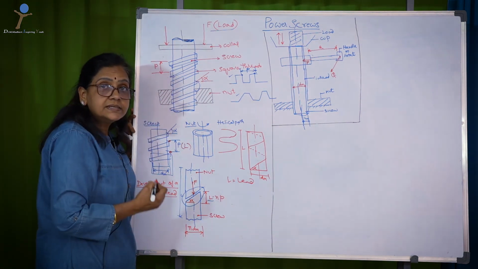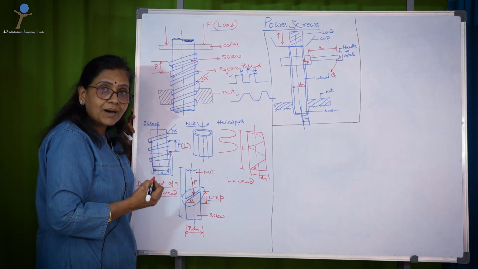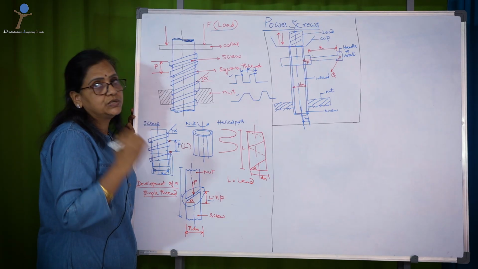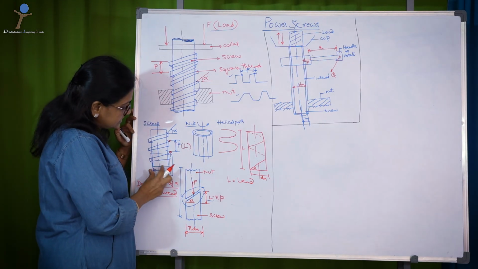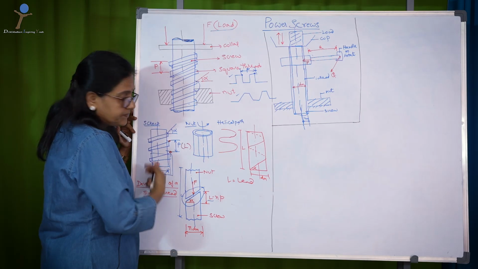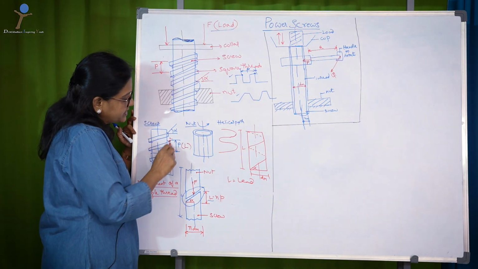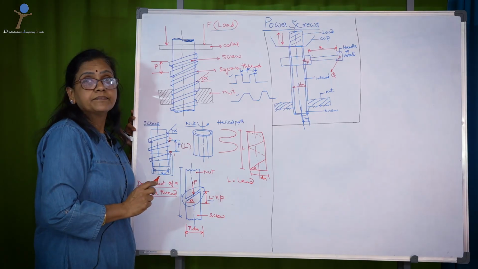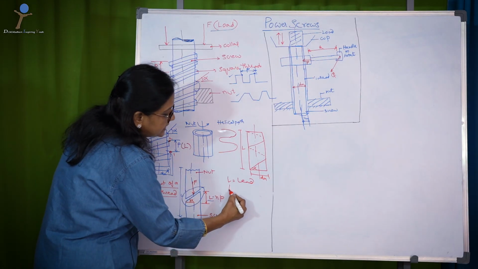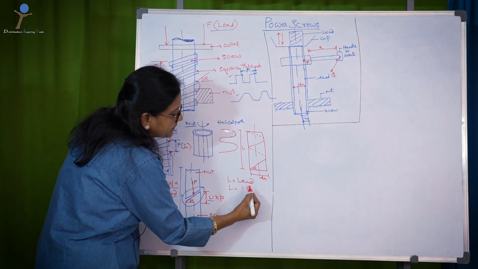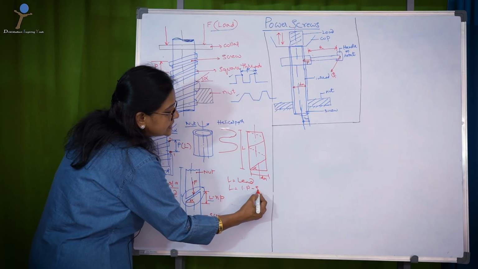Lead is the distance travelled by the screw for one revolution. The distance, once you rotate this screw, the distance travelled by the path from this point to this point is what is called lead. Sometimes the lead is 1 into P, it is called single thread.